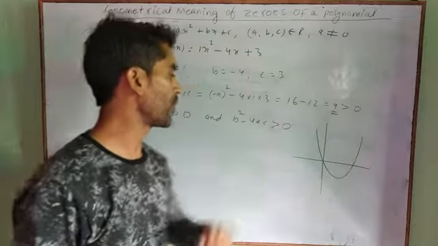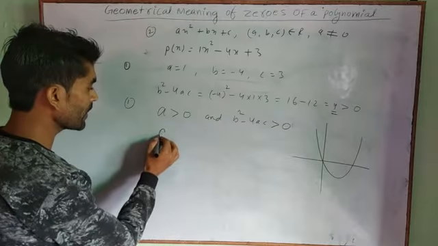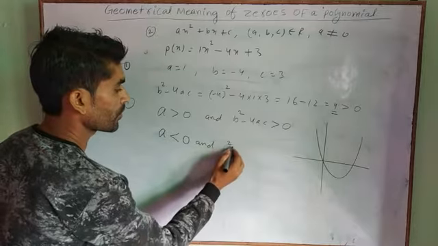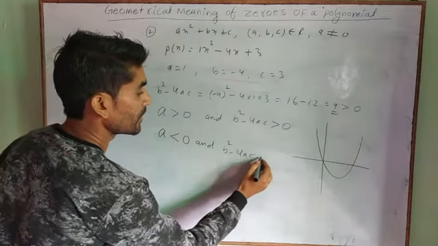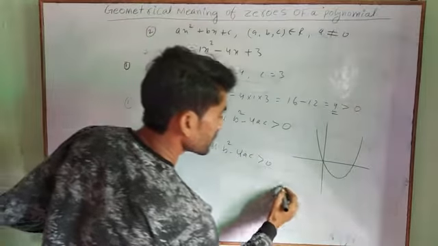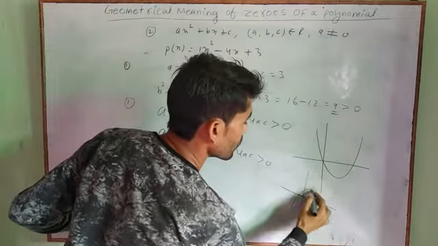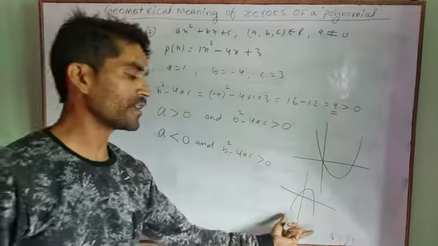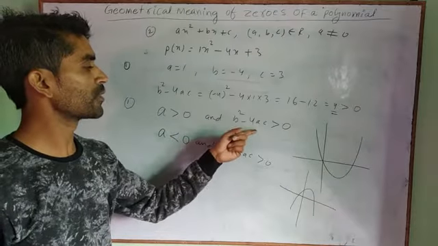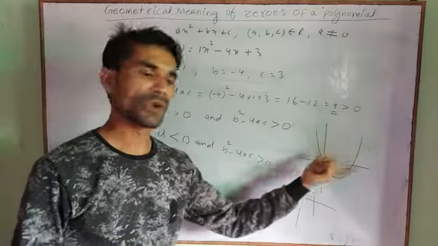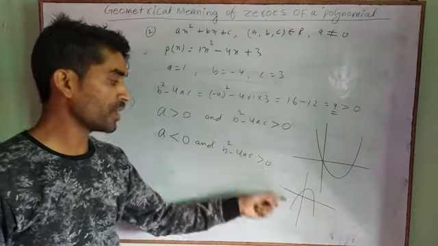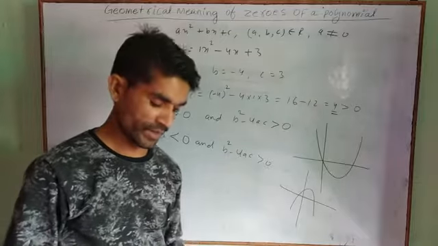When a is less than 0 and b square minus 4ac is greater than 0, the graph will open downward, right?